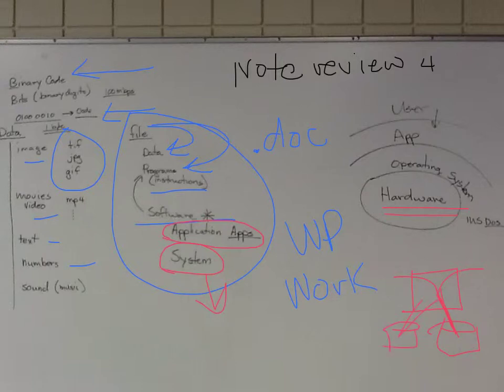So this hardware is always managed by some type of system software. The one that we're talking about here is the operating system, like Windows 7. You have iOS in the iPhones. You have OS 10, I believe, or wherever they're at on the Macintosh computers, and so forth.